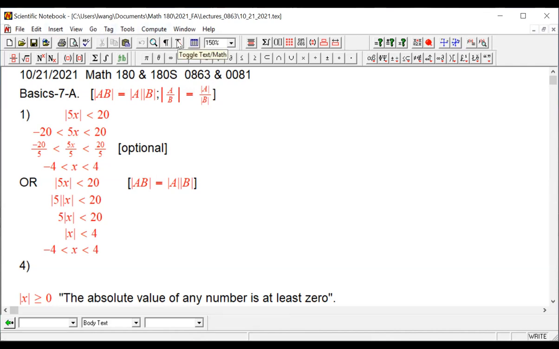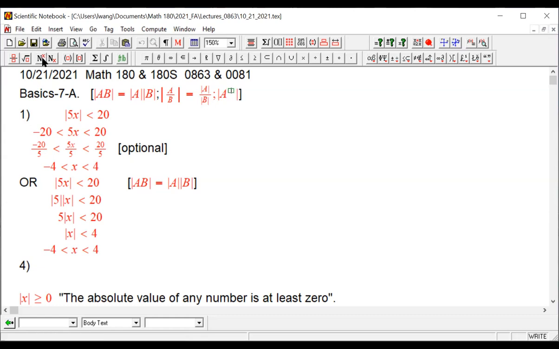The first one can be applied to the power situation. So the power situation is also something you can apply the product property of absolute value.